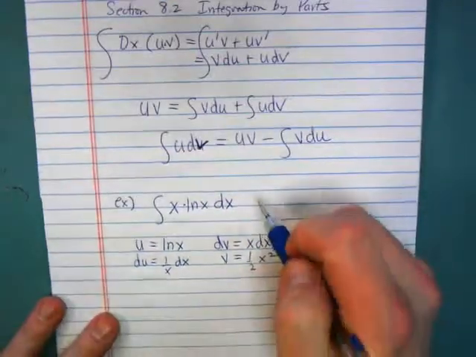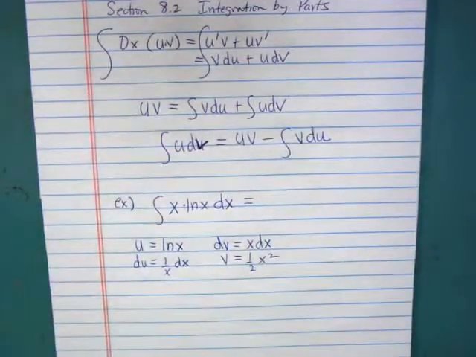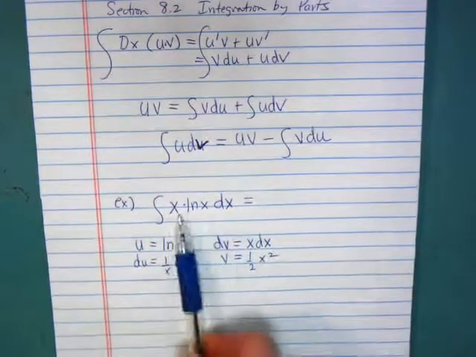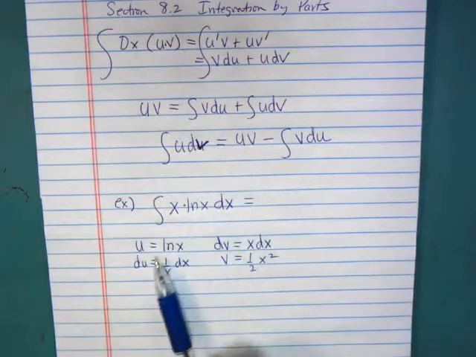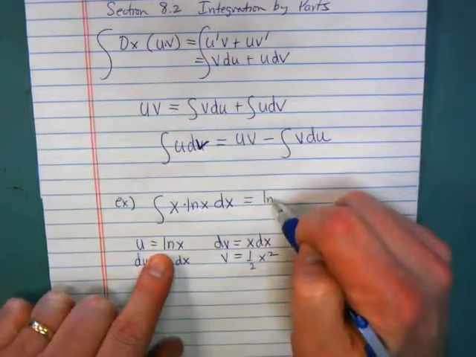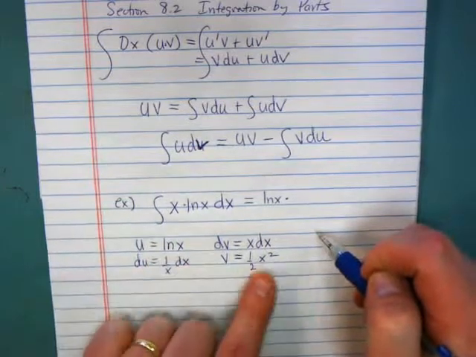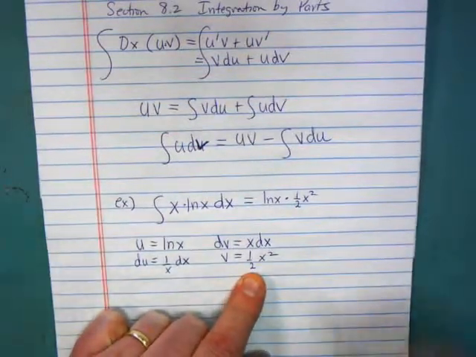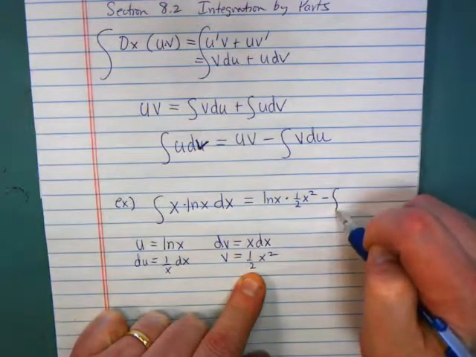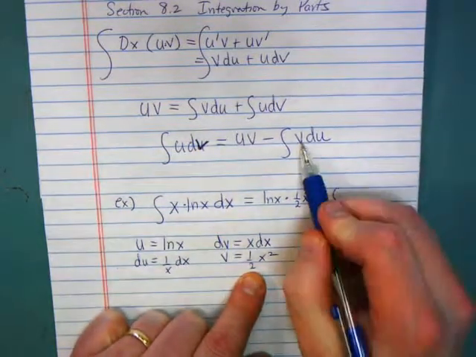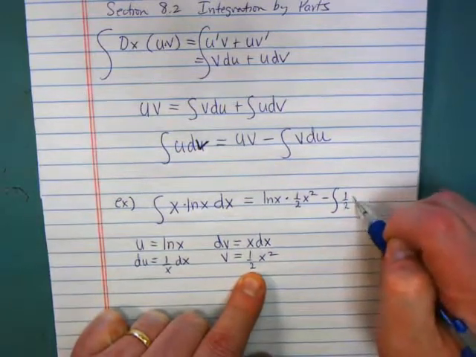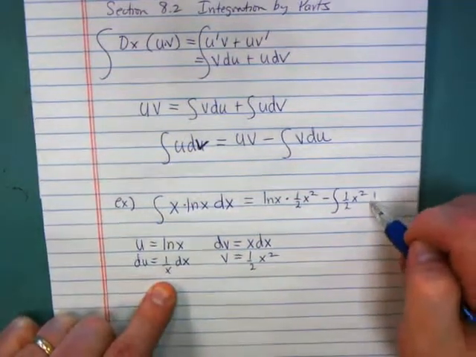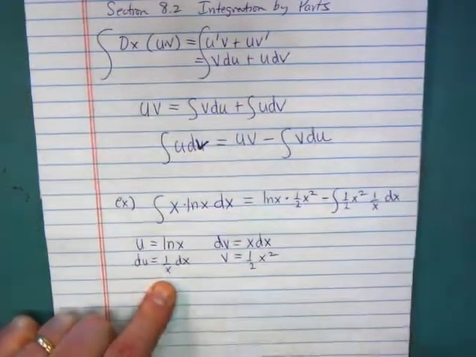All right, so here's my answer. The integral of u dv, this was u, this was dv, is u times v. U was ln x. V was 1/2 x squared minus the integral of v, which is still 1/2 x squared, times du, and du is 1 over x dx.